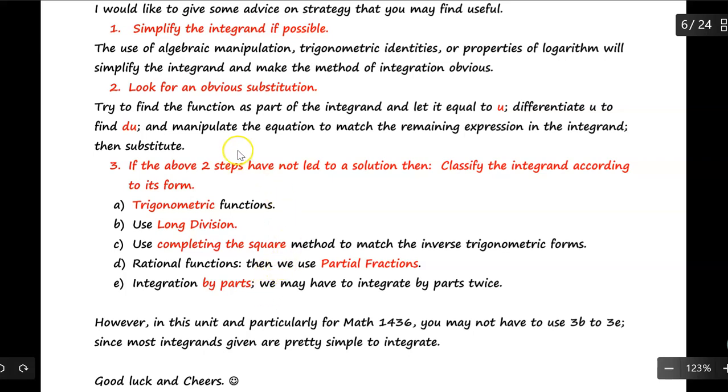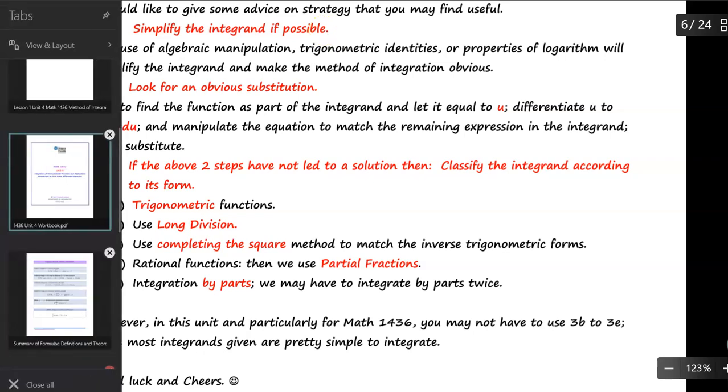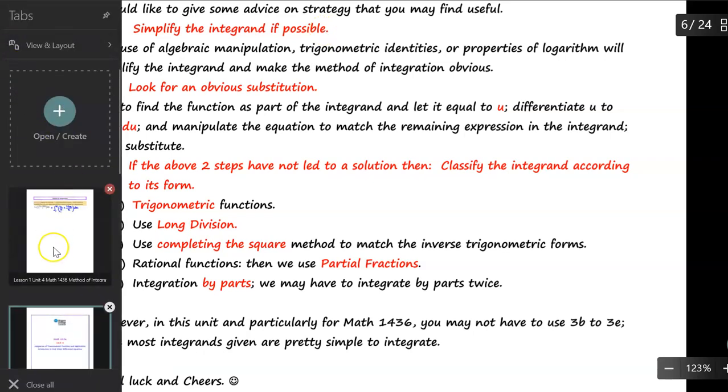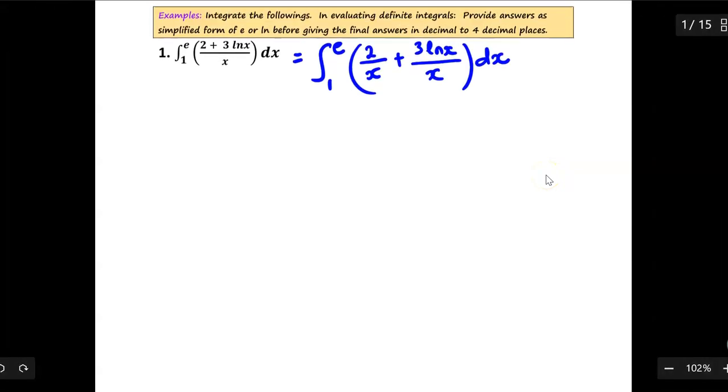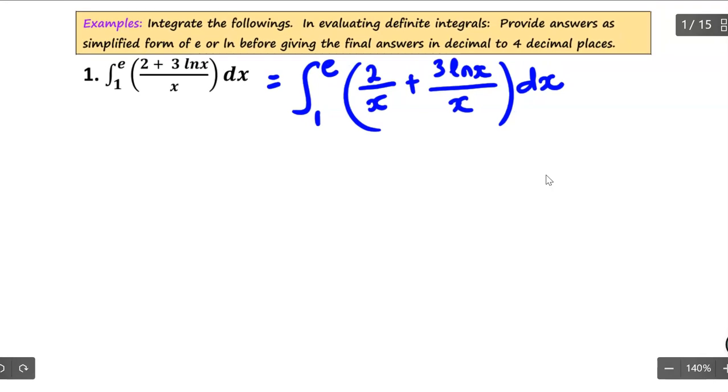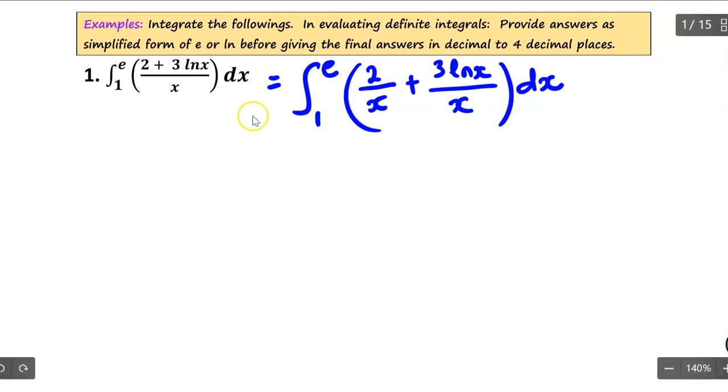First of all, I ask everyone to simplify the integrand if possible. What we have done in our example here is we simplified it to 2 over x plus 3 ln x over x.